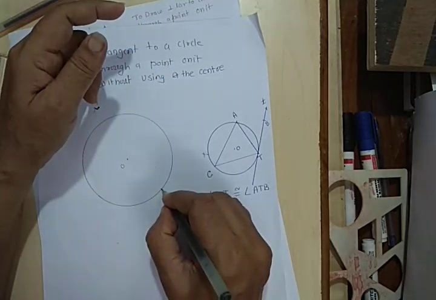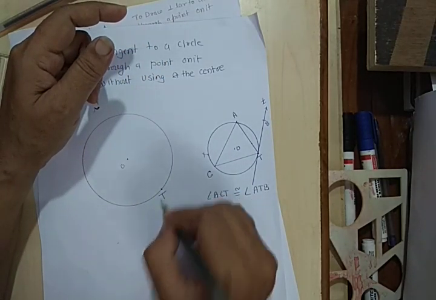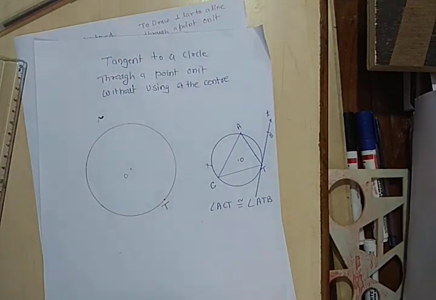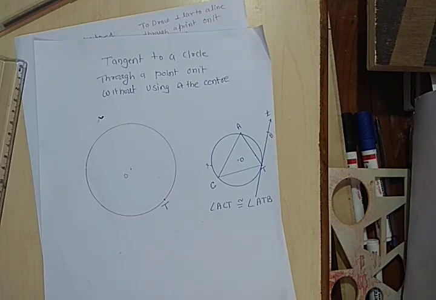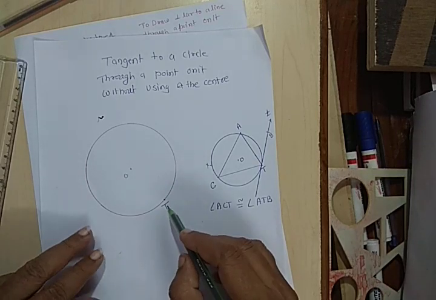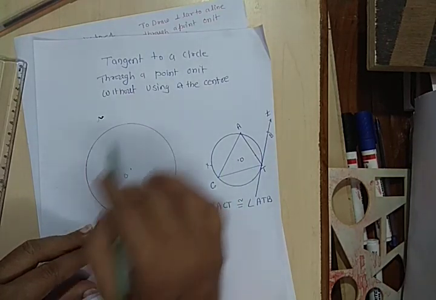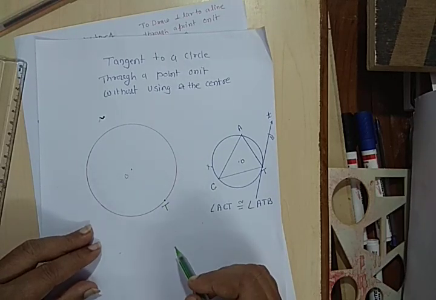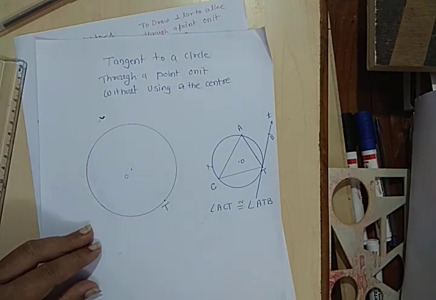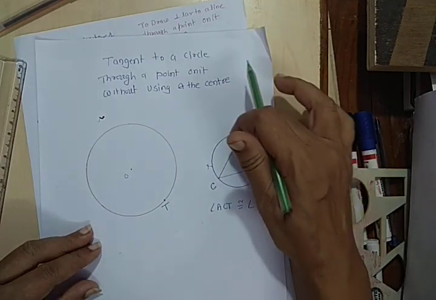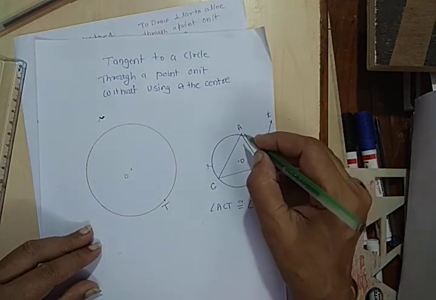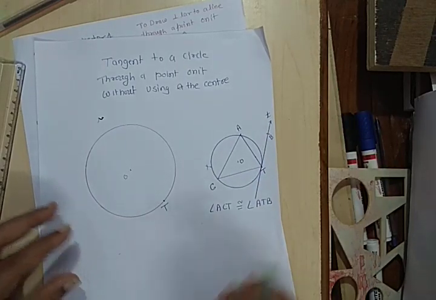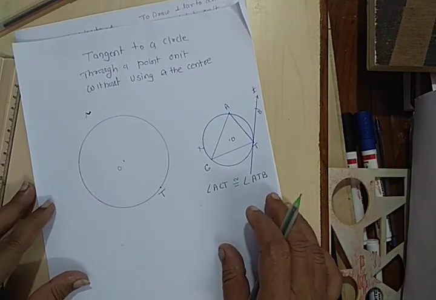So here if I take this point as T as required, I can draw any chord passing through the point T, and I can draw any angle in alternate segment and draw the congruent angle at point T with this chord, one arm as a chord, and then joining the point, I will get the tangent. Did you get it?